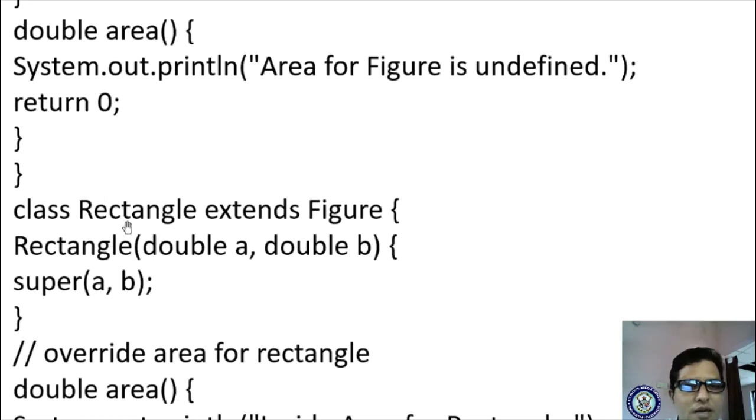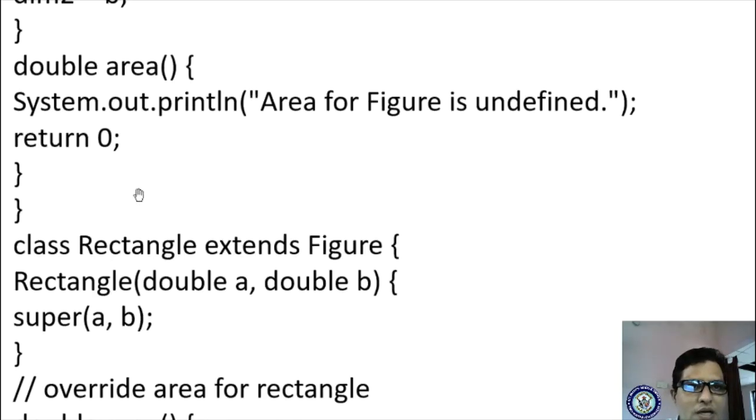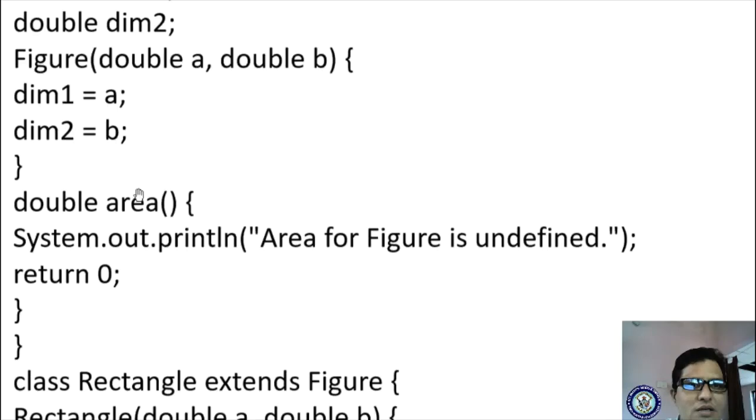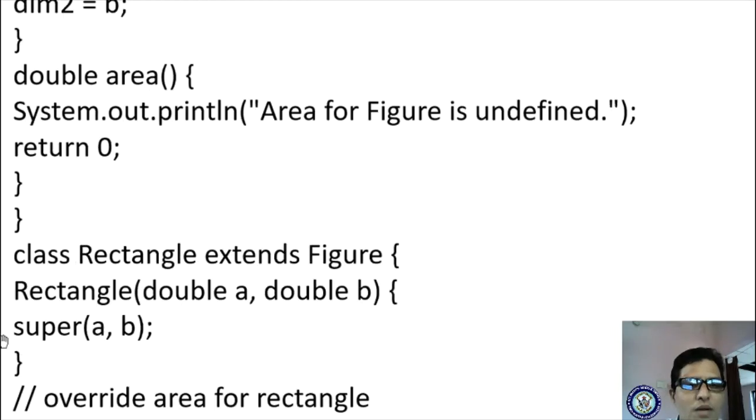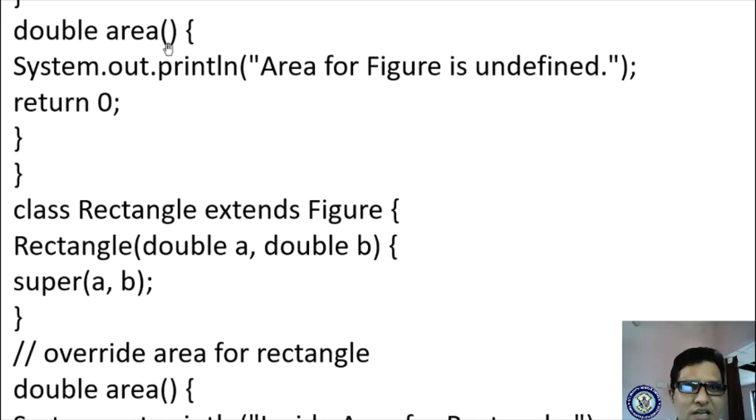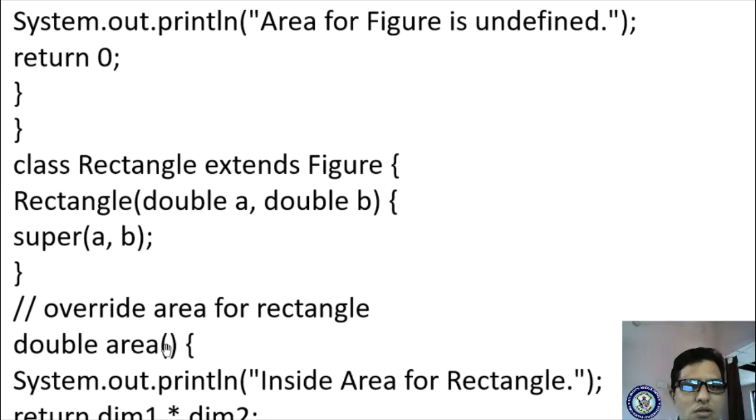This is a subclass, right? So if I want to initialize the base class constructor, then we have to use the super method in subclasses. Also, if you observe here, the base class has a double area method, and the Rectangle class also has a double area method. I am displaying one output statement inside: Area of a rectangle. As we know, the formula for the area of a rectangle is length into breadth.